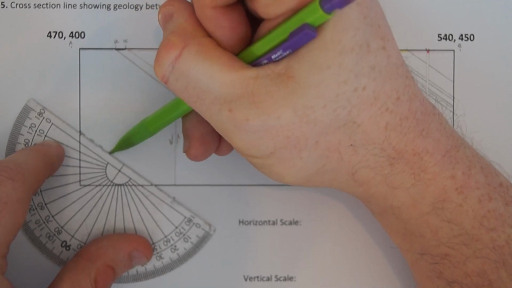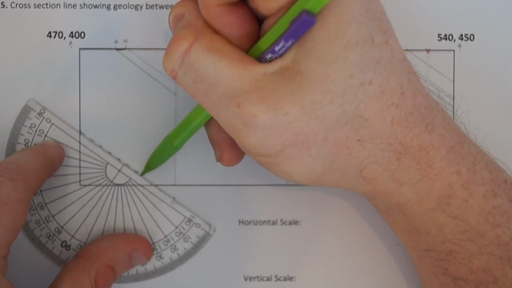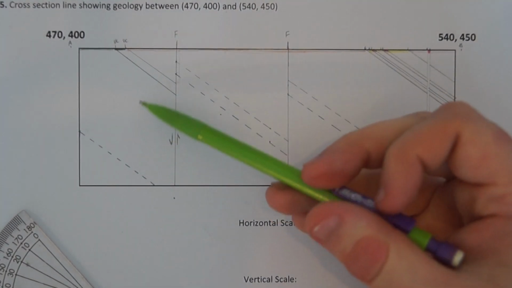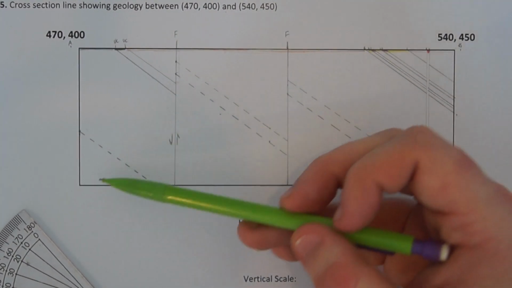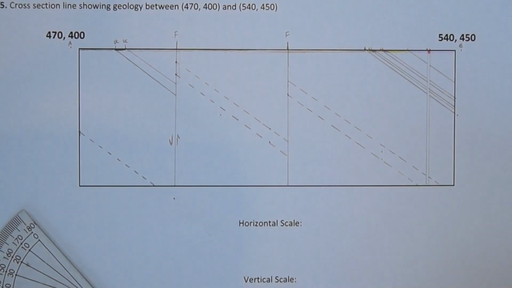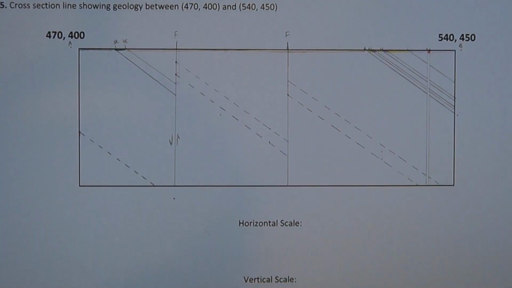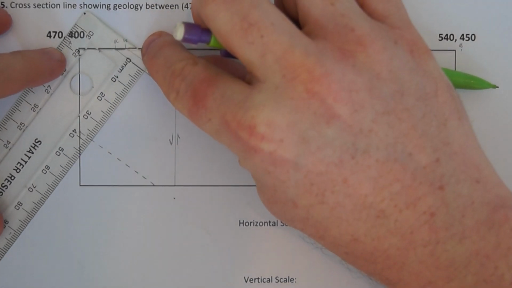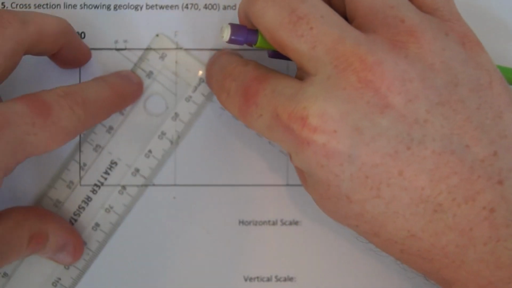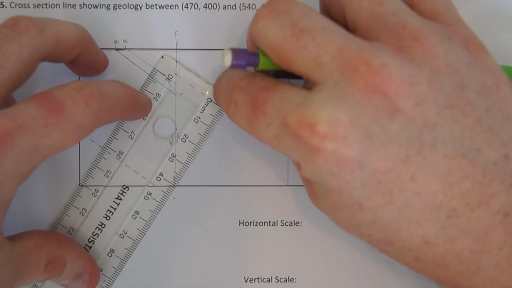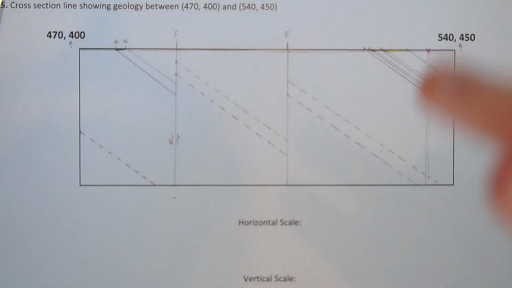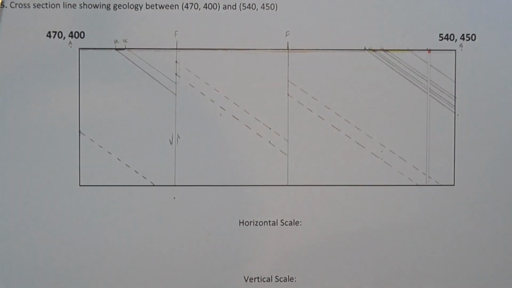I've inferred that contact between the carboniferous millstone grit series and the carboniferous limestones. Now you can do that more precisely by using a calculator to calculate the thickness elsewhere. But right now I'm going to use that as a pretty good estimate.